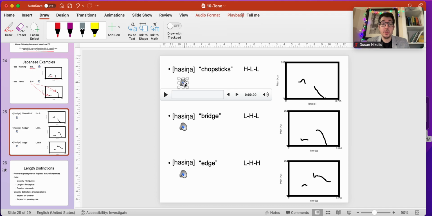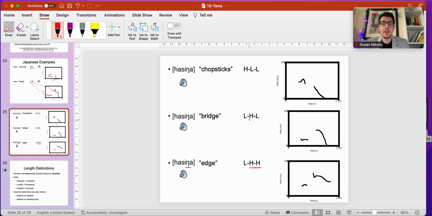Then there is a three-way division. Hashi. Yeah, that's a popular one. Whereby this means chopsticks. This one means bridge. Hashi. There is a little bit of this engma here that you can really hear in this word, because these are quite stressed moras or accented moras.